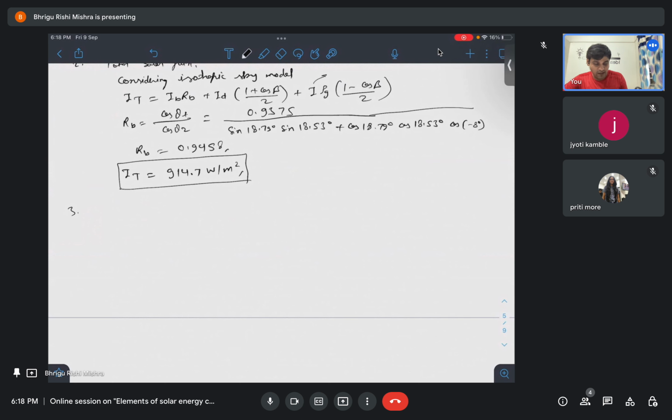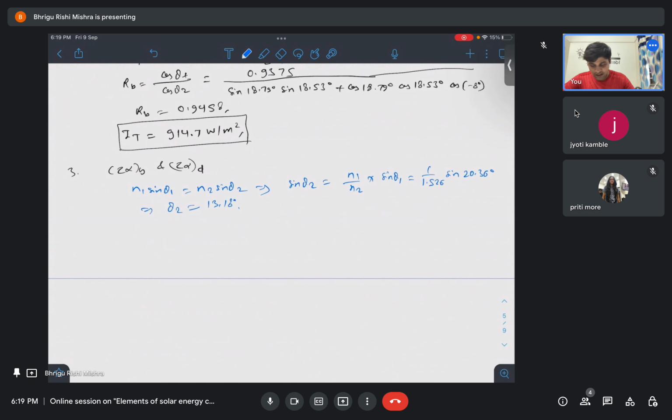We can calculate sin theta 2 equals n1 by n2 into sin theta 1, which is 1 by 1.526 times sin 20.36 degree. If you calculate this, theta 2 will be 13.18 degree.